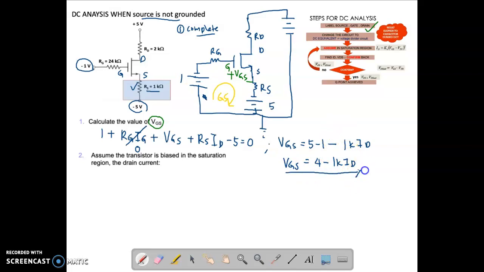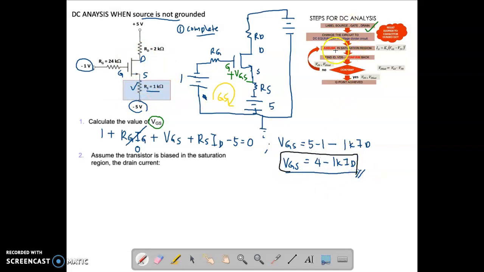Why an equation? Because you don't know the value of your ID yet. Okay, so when the source is not grounded, if you see the previous video, when the source is grounded, you can get the VGS value as a number. But since now the source is not grounded, your VGS will be in terms of an equation.